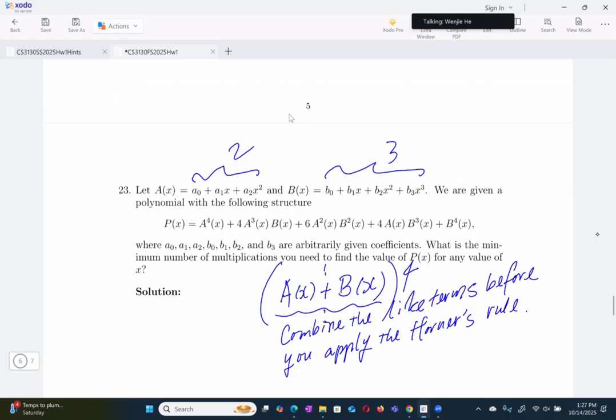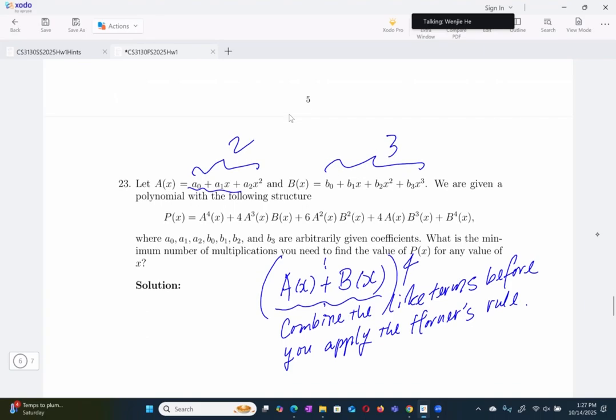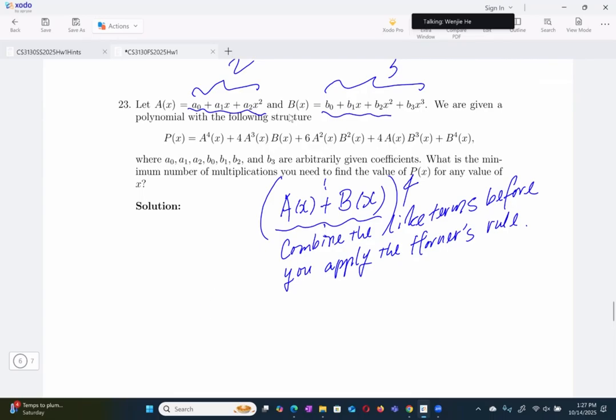But remember, these 3 terms and the first 3 terms of b of x can be combined, right? When you combine them, you get a0 plus b0, a1 plus b1 x, a2 plus b2 x squared, b3 x cubed.